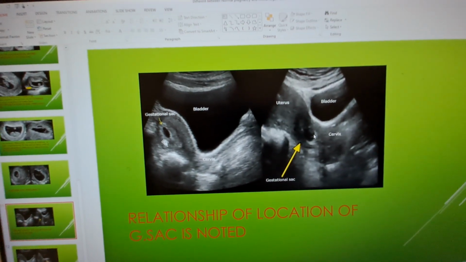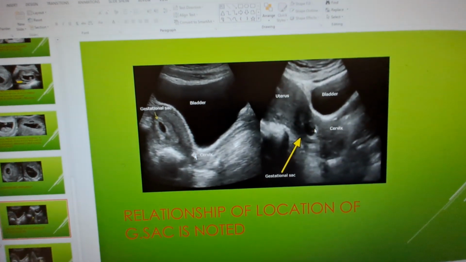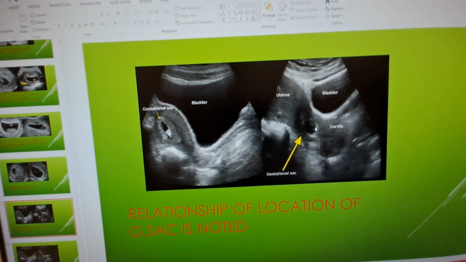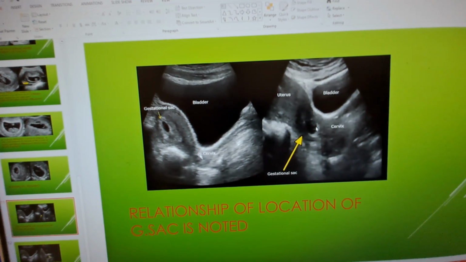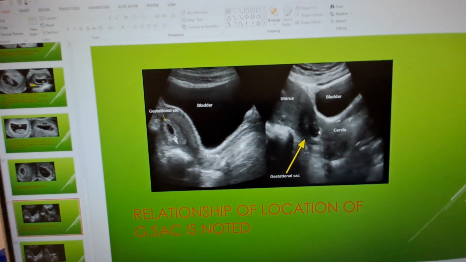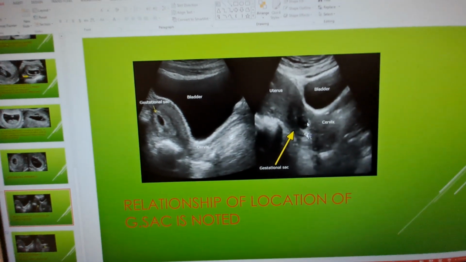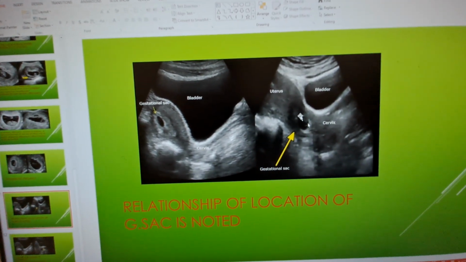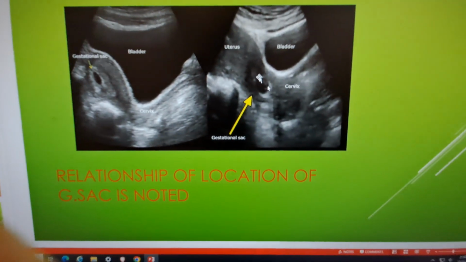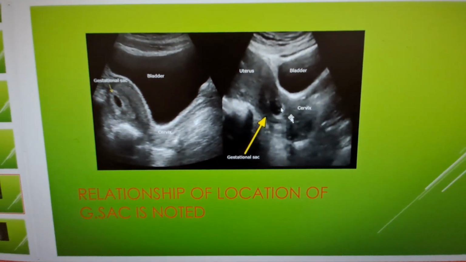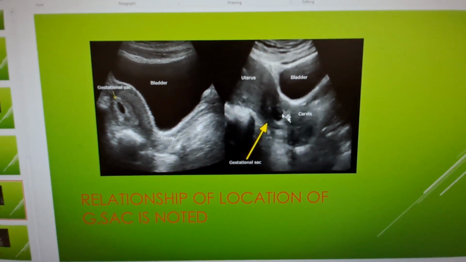Now the gestational sac position is also very important. The location of the gestational sac is always in the mid cavity. On ultrasound, you should see it in the mid cavity, not in the lower side near the cervix, in relation to the bladder.